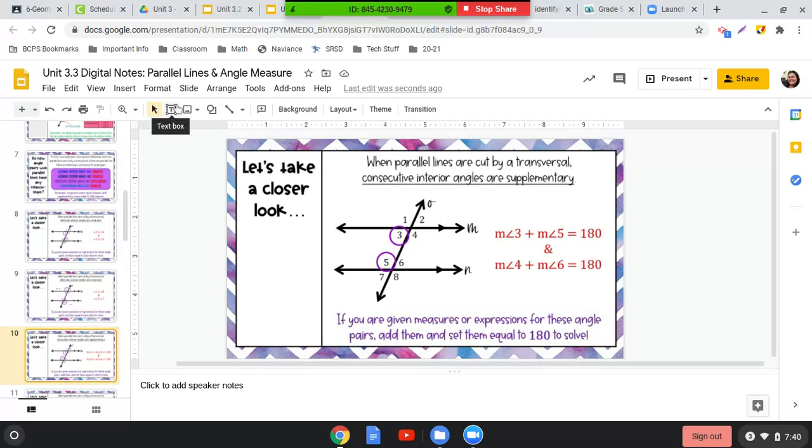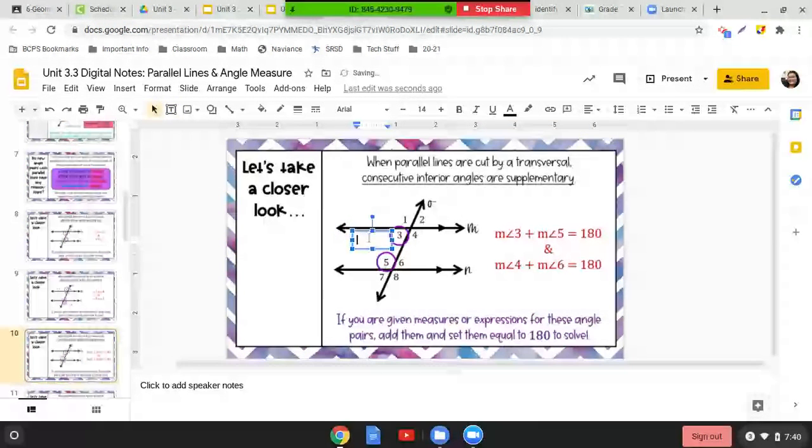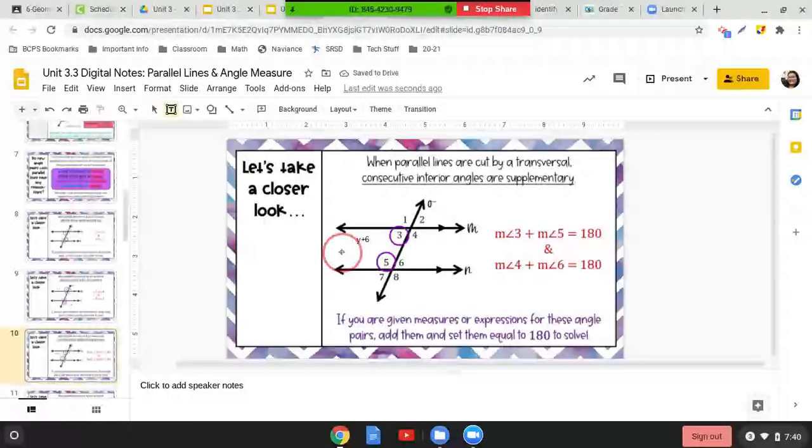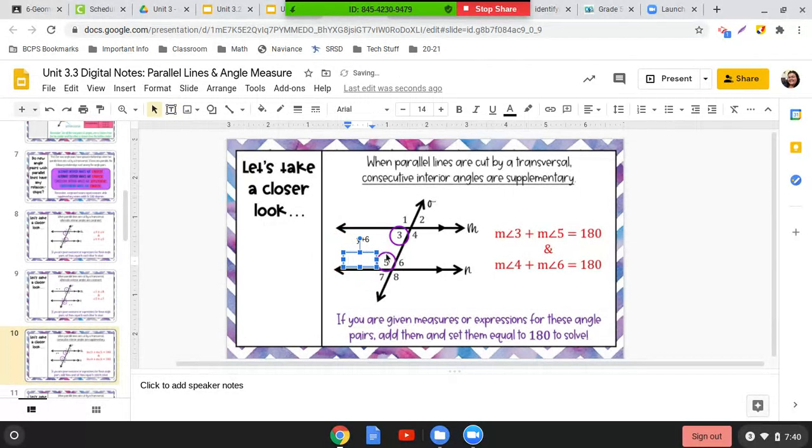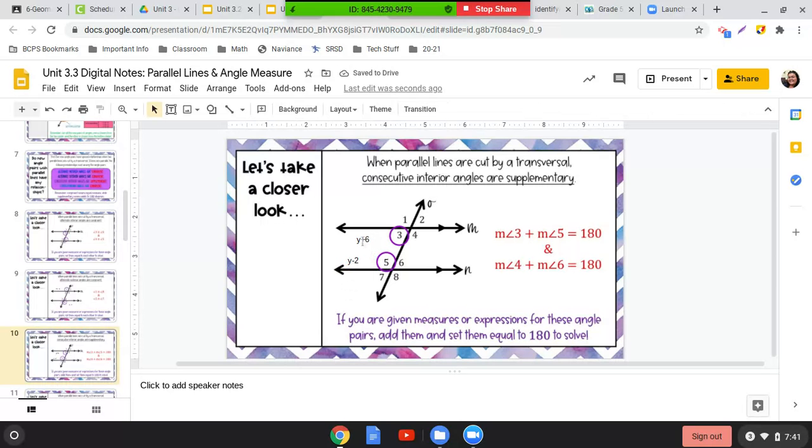So if angle 3 was y plus 6, and then angle 5 is equal to y minus 2, then you know that y plus 6 plus y minus 2 is going to give us 180 degrees, because we would do angle 3 plus angle 5 equals 180 degrees.